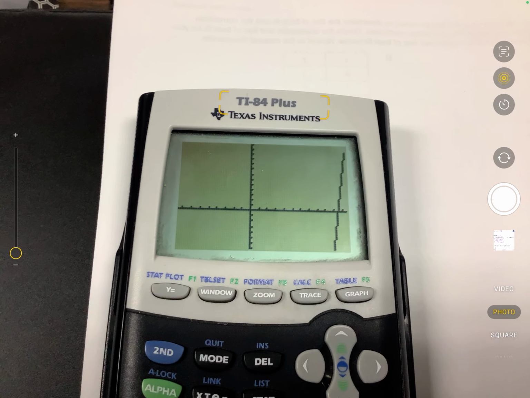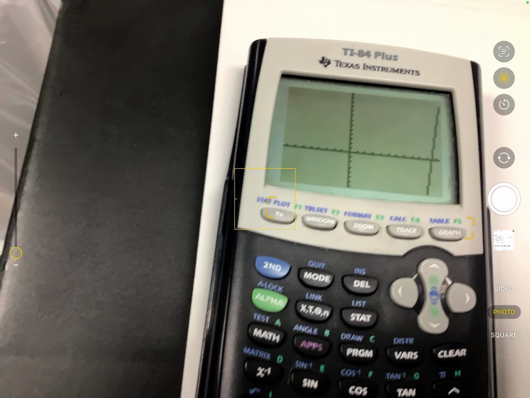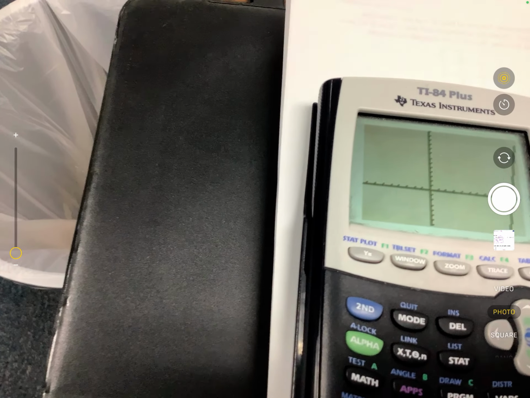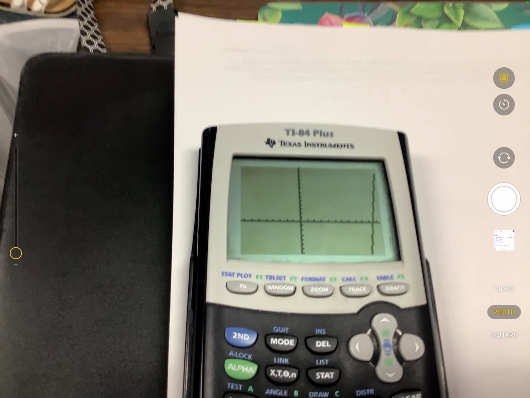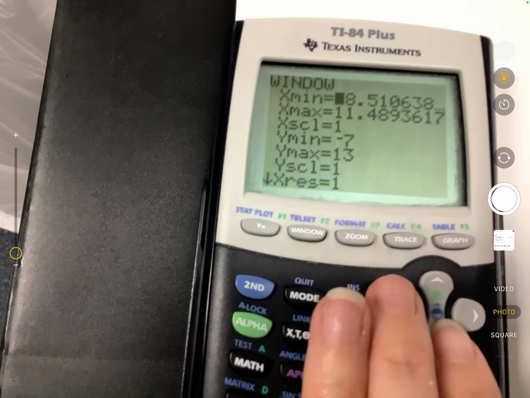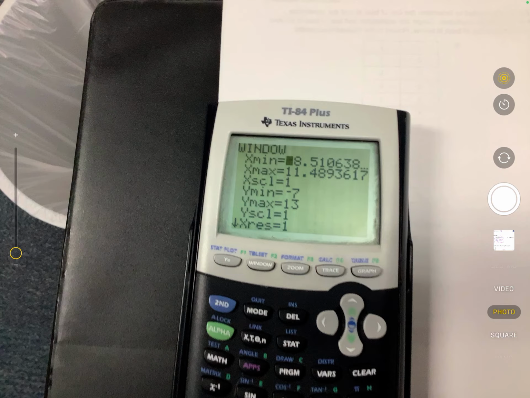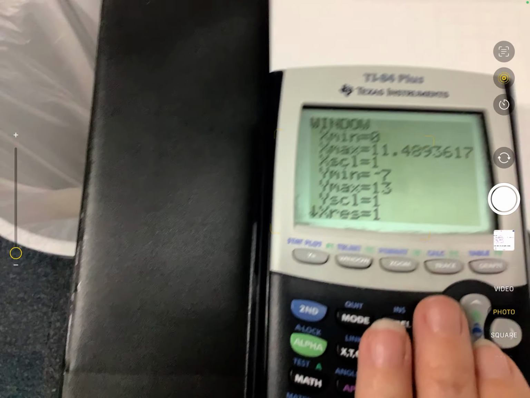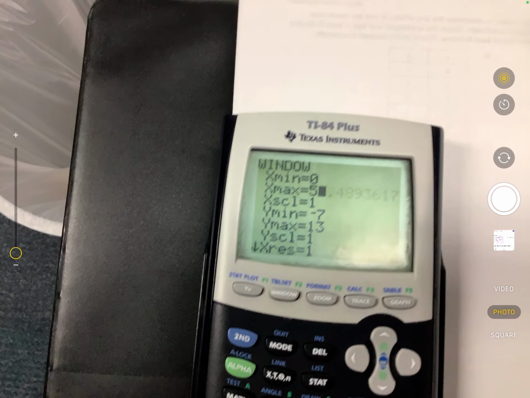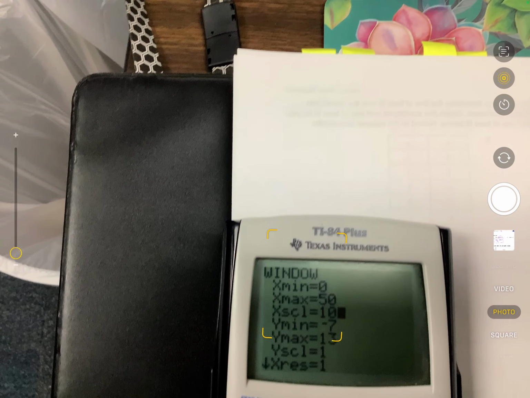Now notice here, we can't really see it because if you remember, we adjusted our scale on our X and Y axis because we had larger numbers. So you might want to go to your window and change it. So our X, remember we started from 0 and we went to 50. So I increased by 10, remember?